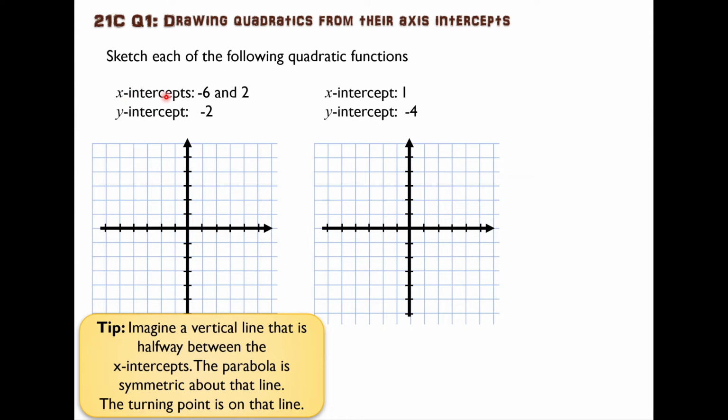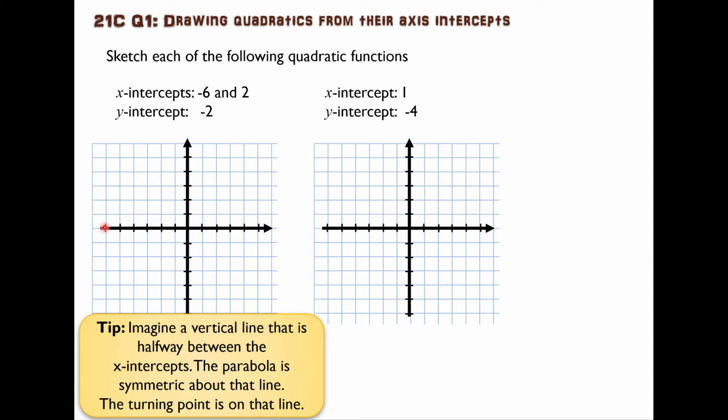Let's start with the x-intercepts. Notice that they are -6 and +2. Remember that the x-intercepts are where the function crosses the x-axis, and it crosses at -1, 2, 3, 4, 5, 6.